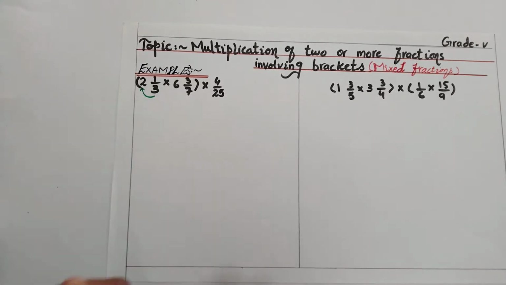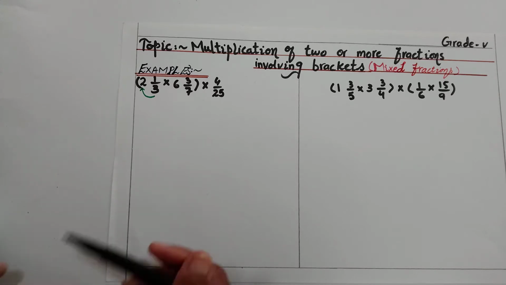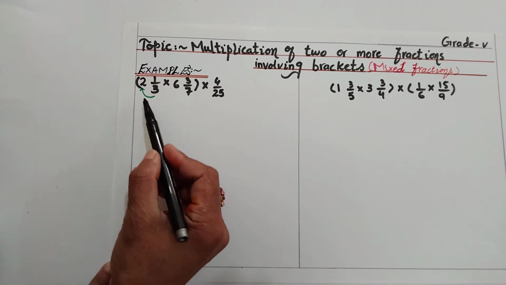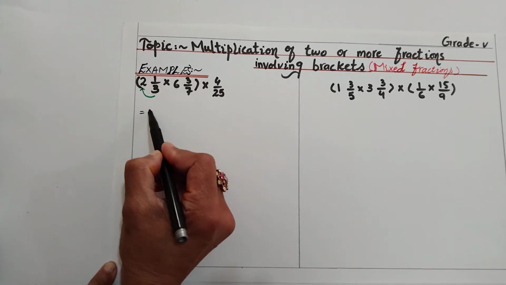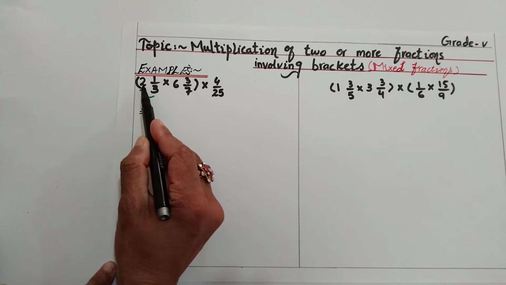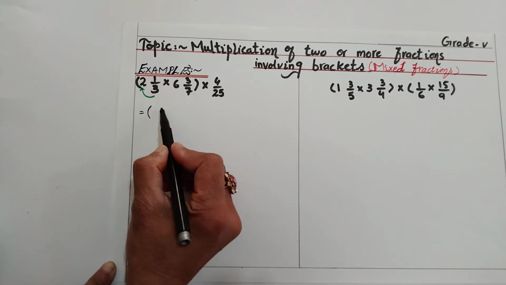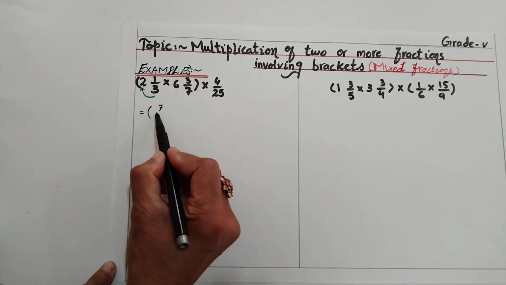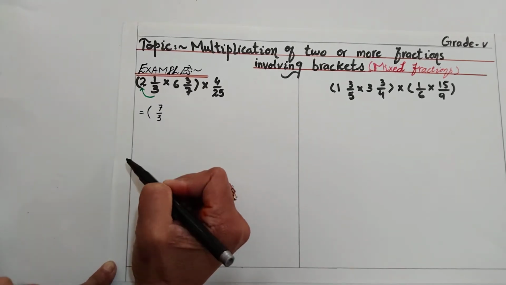So 3 2s are 6 and 6 plus 1 is 7. Till the simplification of the mixed fraction is done, the bracket will remain over here. We will not remove the bracket. So our new numerator is 7 and the denominator is 3.